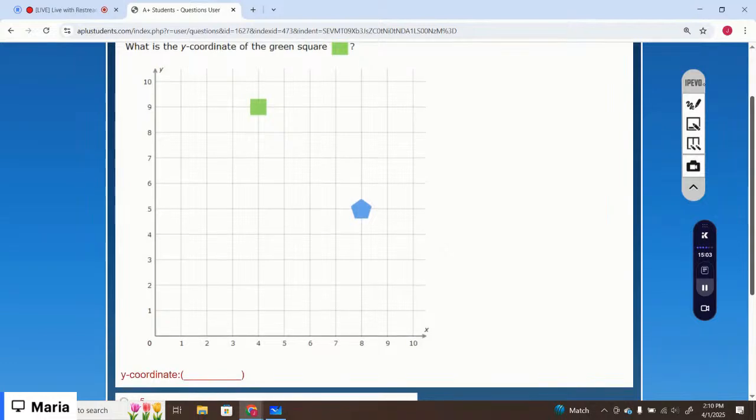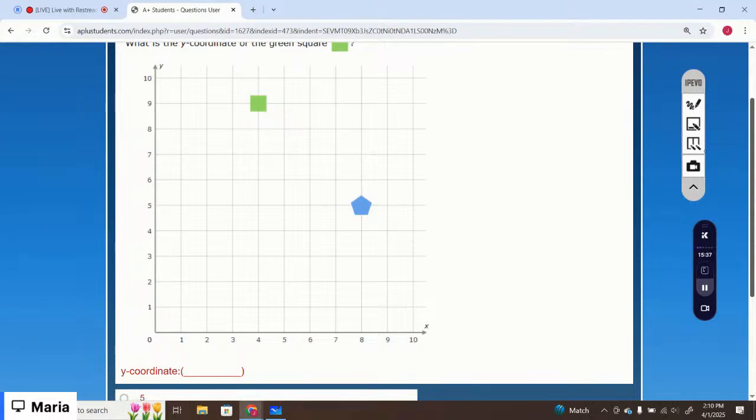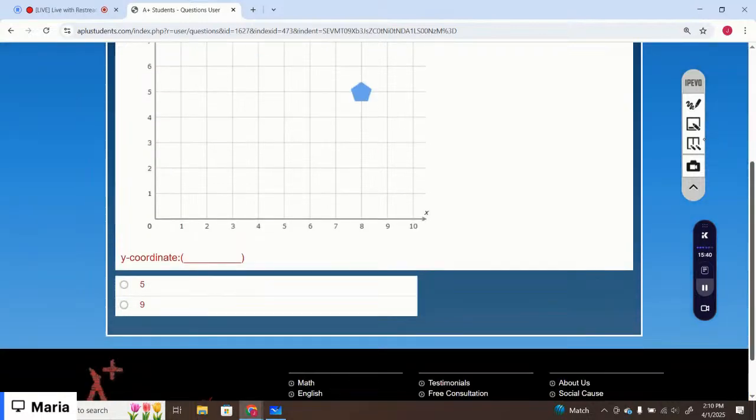What is the y-coordinate of the green square? The y-coordinate of the green square is 9.